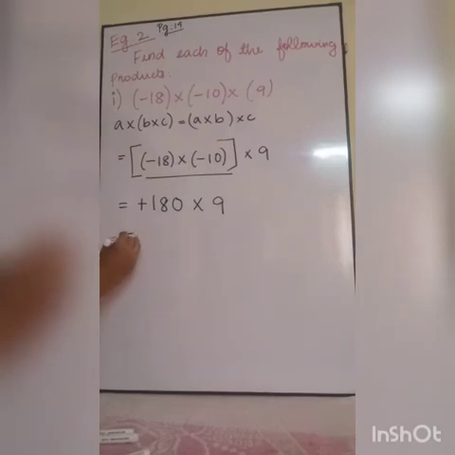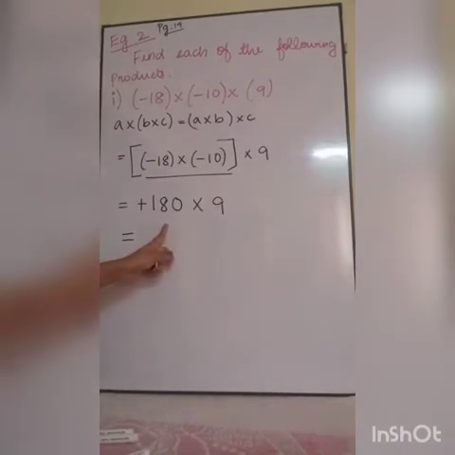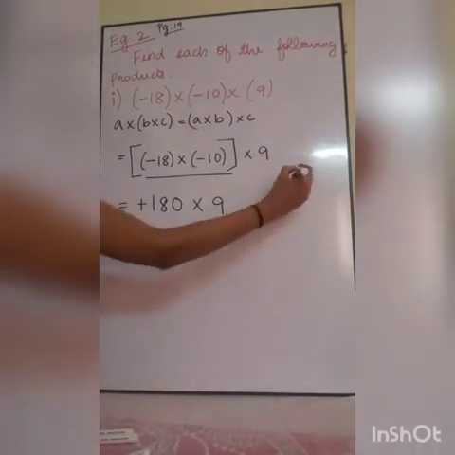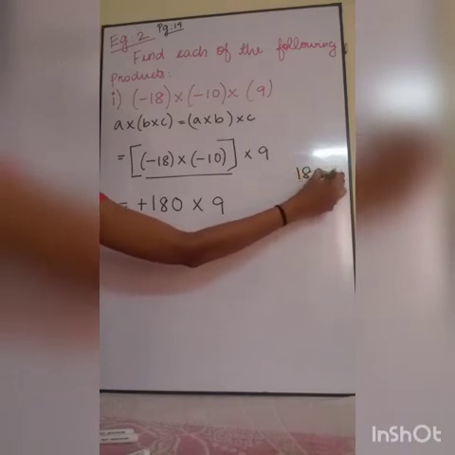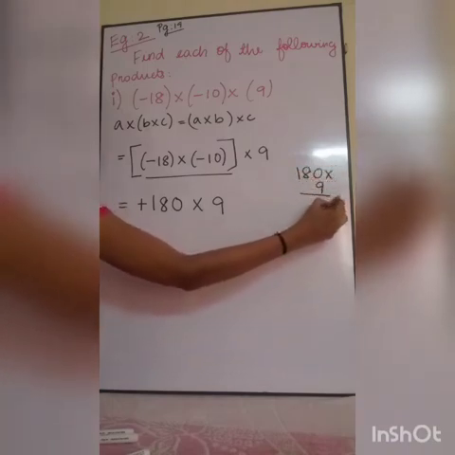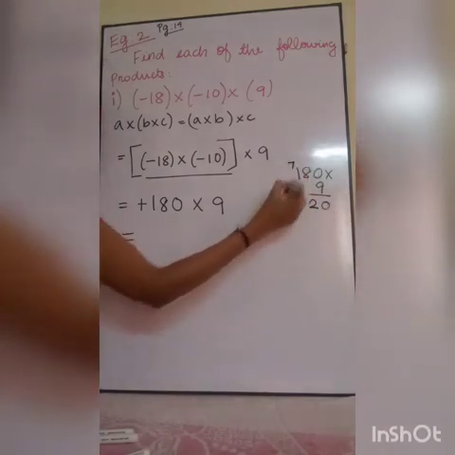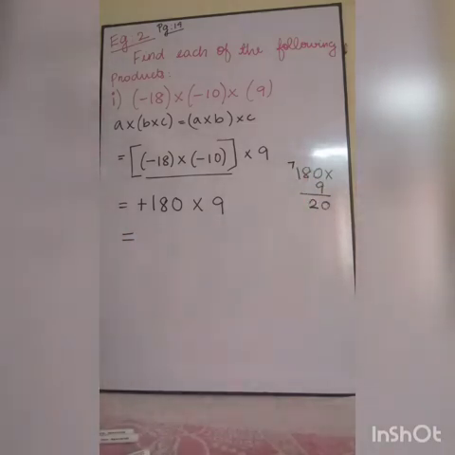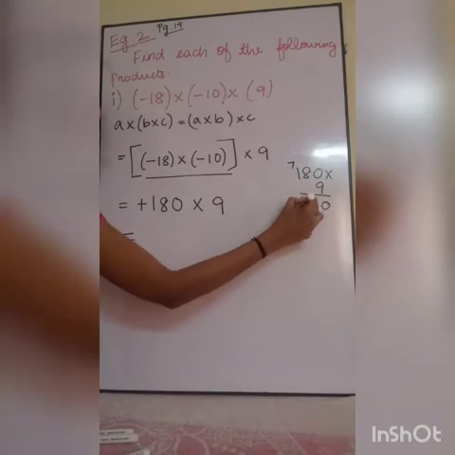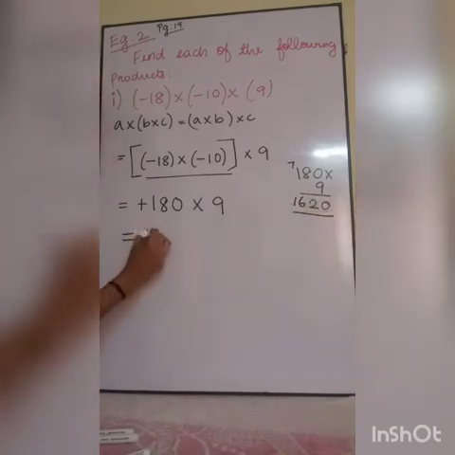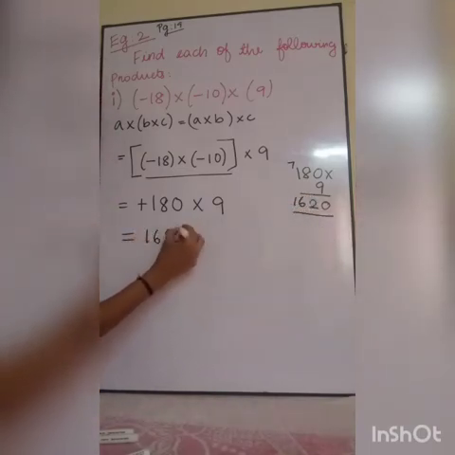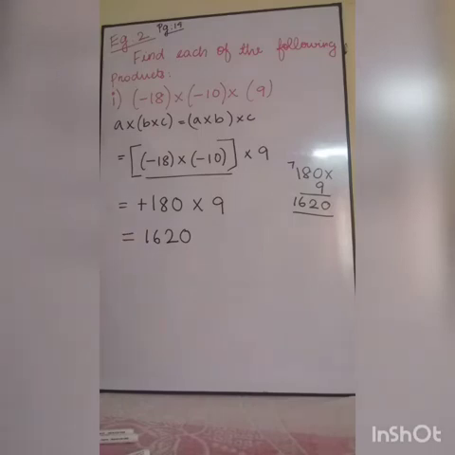So now 180 into 9: 0, 8 nines are 72, 7, and 9 ones are 9, 9 plus 7 is 16. So the answer is 1620. Next I multiply the symbols.